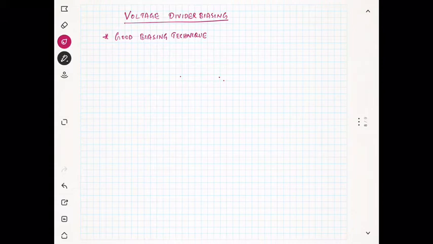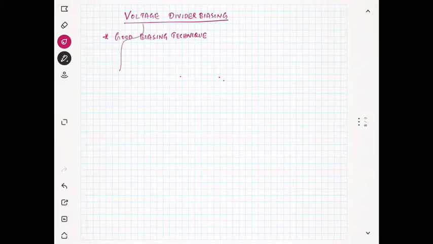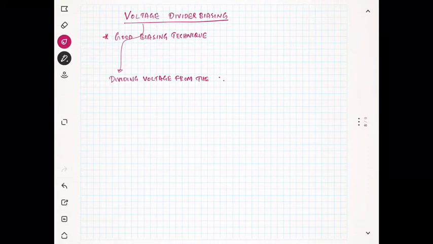Now, how can we perform this biasing? As the name says, it is nothing but dividing the voltage from the source. And how do we divide the voltage?